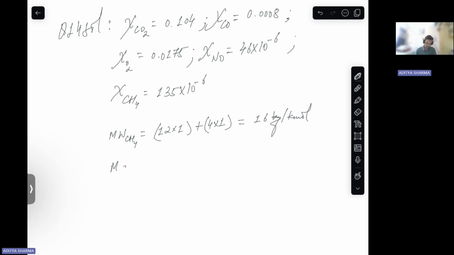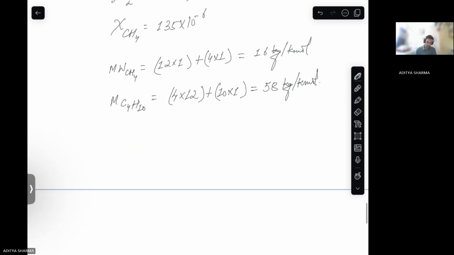Molecular weight of butane is 58. And x, for butane, is the number of moles of carbon. It is 4. Okay.